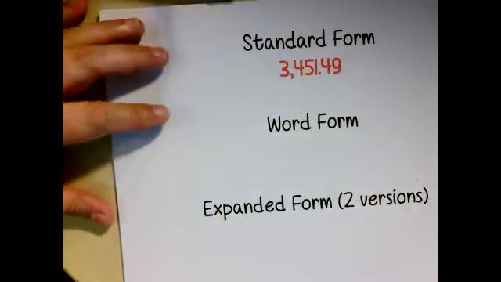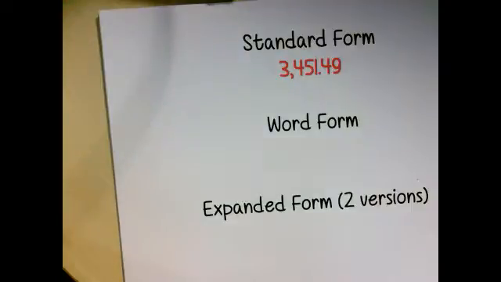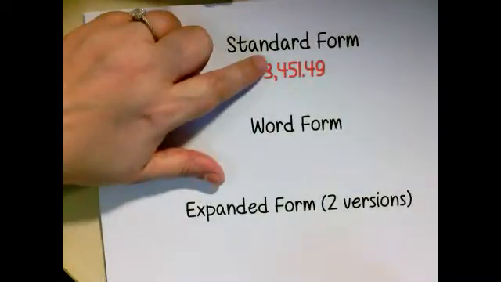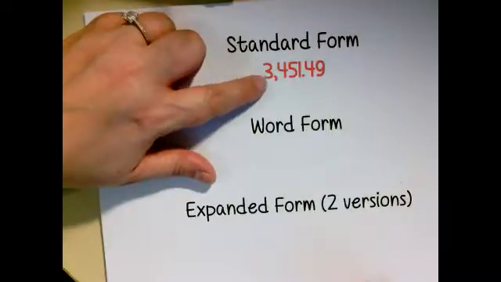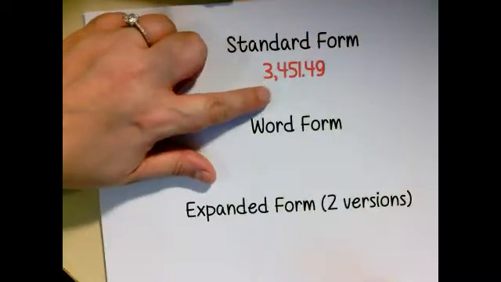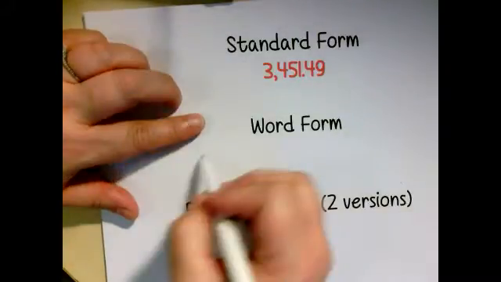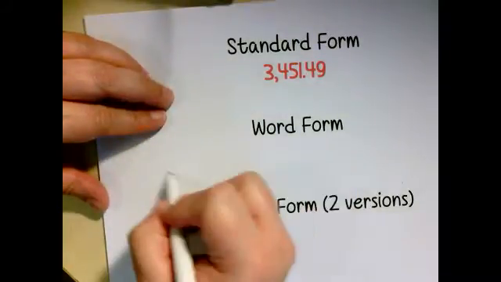All right, the first thing we're going to take a look at is our different forms, which most folks did pretty well with. Standard form is just going to be the basic way that we would write the number using commas and decimal points. Word form is when we would write it out in words.